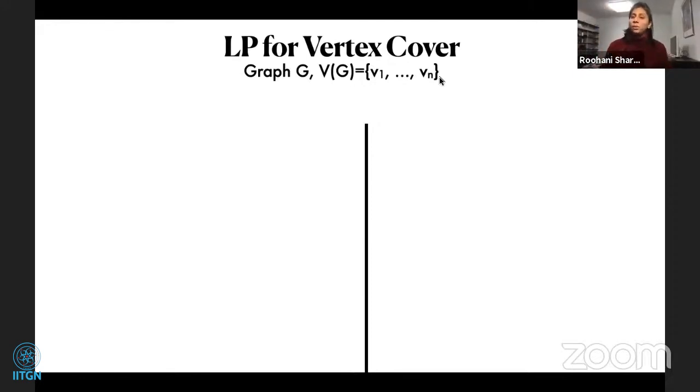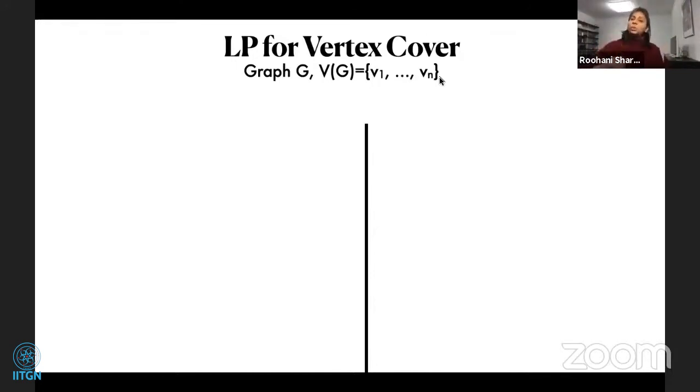Basically, it's a program which consists of some variables, and then there is a function defined over the set of these variables that you want to either minimize or maximize, and this minimization or maximization should happen under some constraints on the variables. We say that the program is a linear program if all these constraints and the optimization function can be written as a linear function of the variables. So these are what linear programs are.